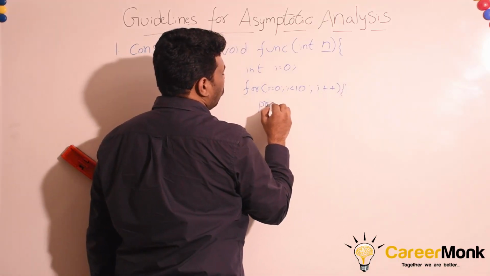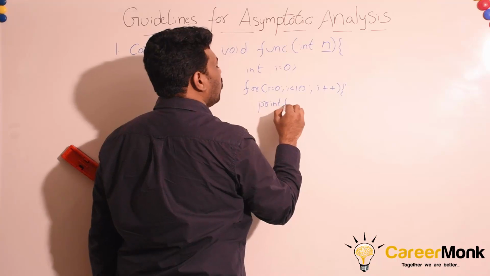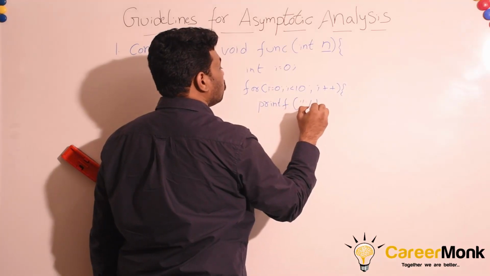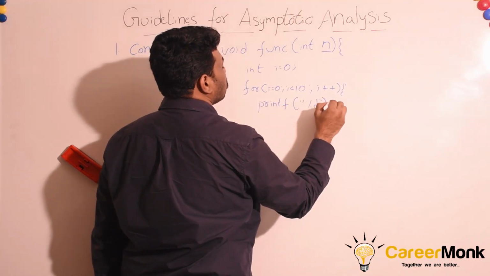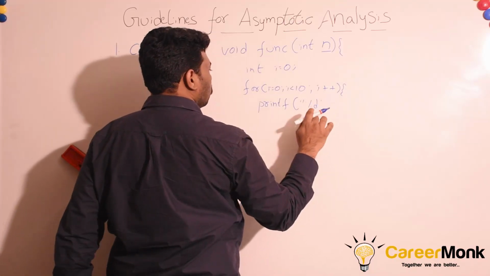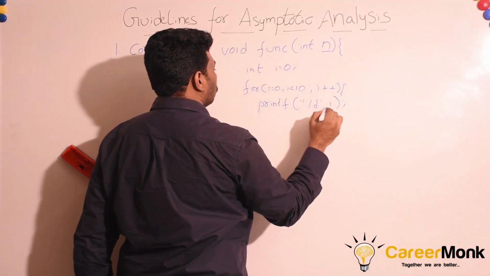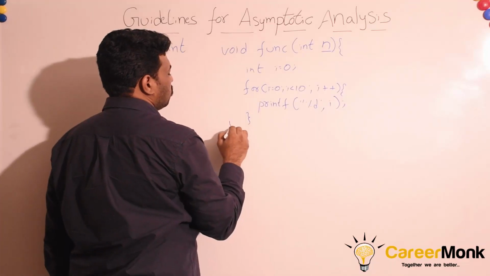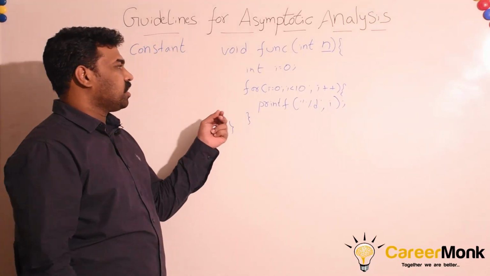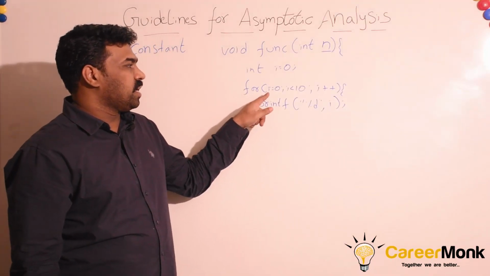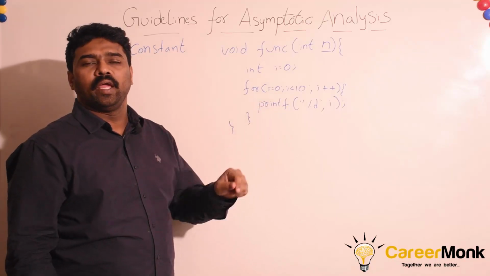Let us print the value of i. In this function, the for loop is getting executed 10 times, that is 0 to 9.